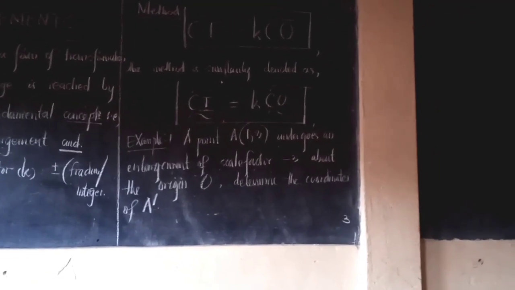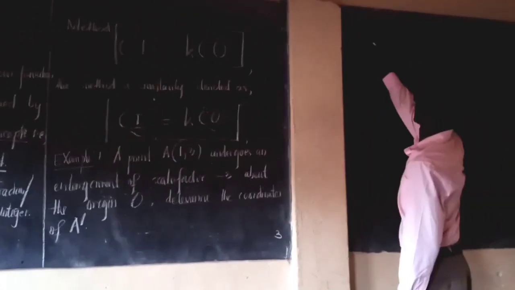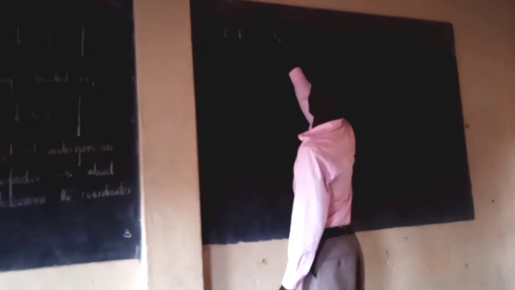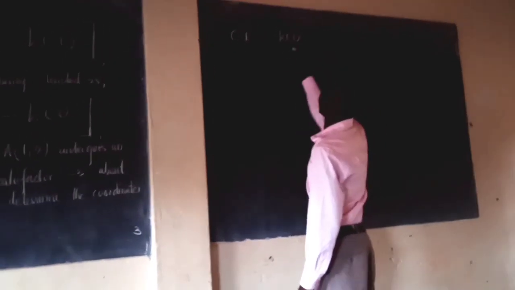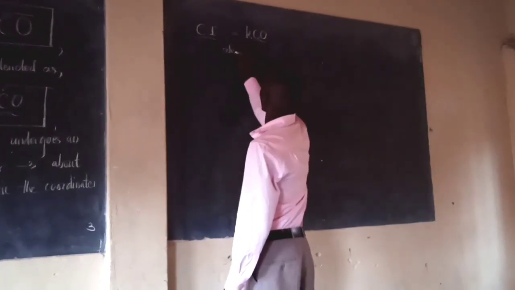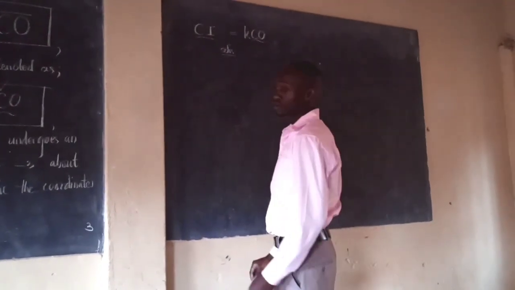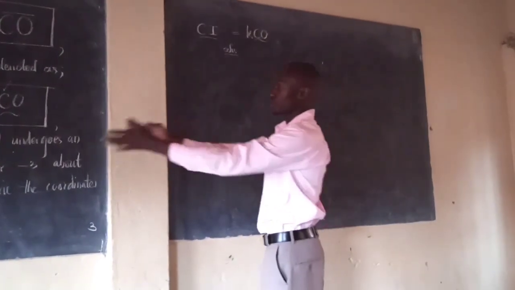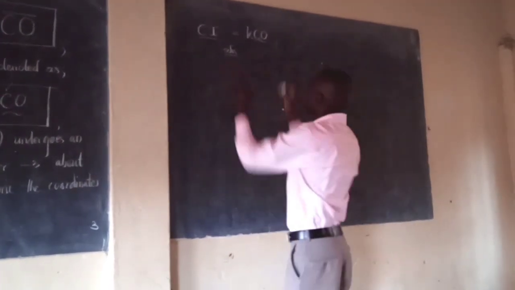So from our idea class, which communicates that the displacement from the center to the image is equal to the scale factor times the displacement from the center to the object, I emphasize that when a candidate is doing the solution, please transform the question to suit your method here.